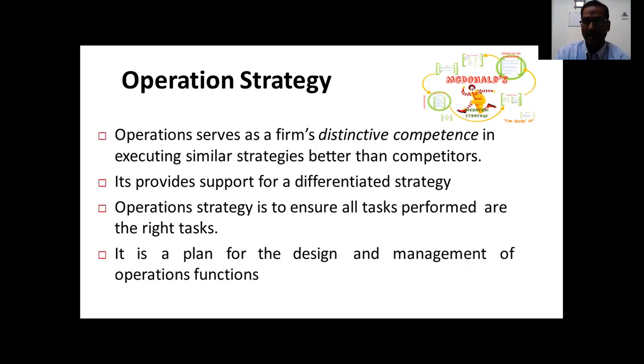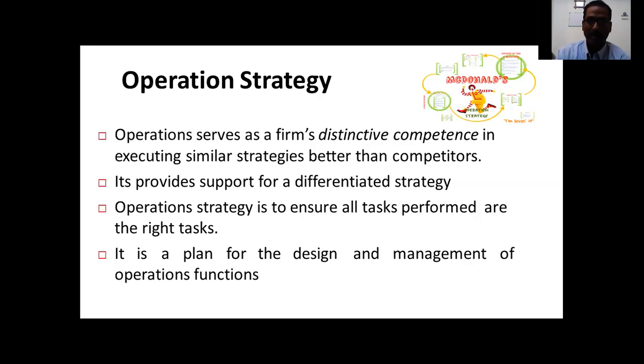Differentiated strategy means the way they serve the customer. It may be the process of serving the product to the customer, or the product itself, or the features of the product. All those things are involved in the differentiated strategy. Operation strategy is to ensure all tasks performed are the right tasks, so there is nothing wrong in the system or the processes.